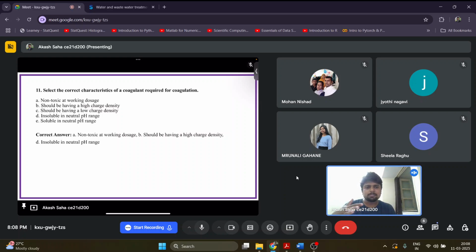Now if it is making it toxic, suppose some heavy metals are coming out from the alum, or some other toxicity characteristics are there, then that also has to be removed after certain stages. So we don't want that in the initial stage. So it should be non-toxic. At whatever dosage we are providing it, it should not affect the human body.